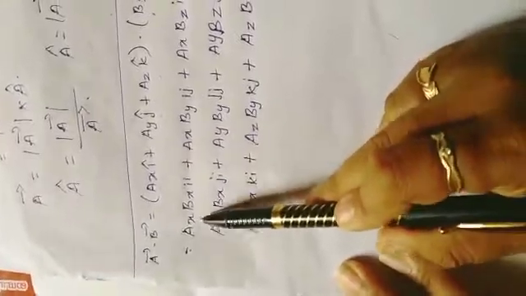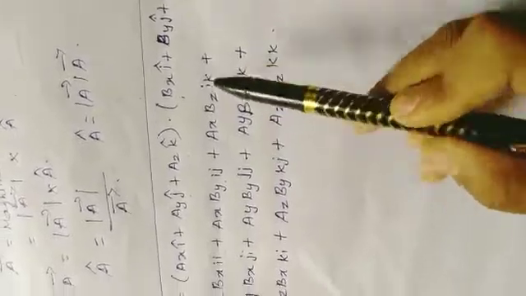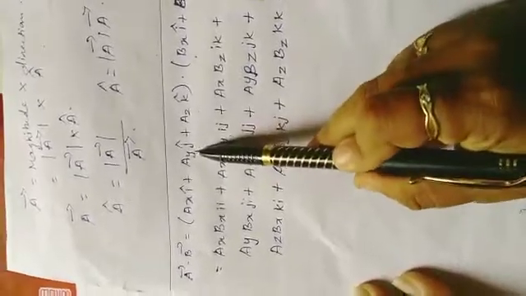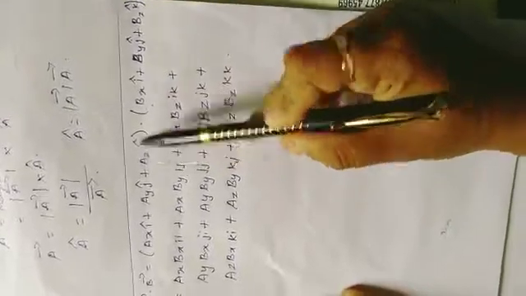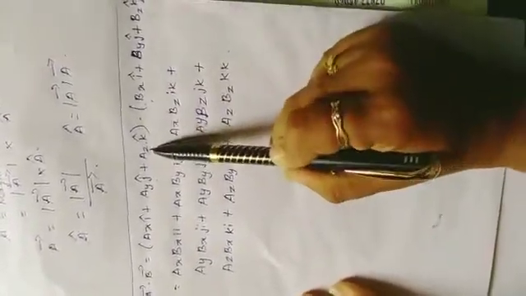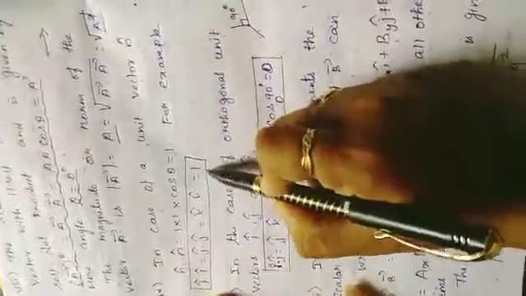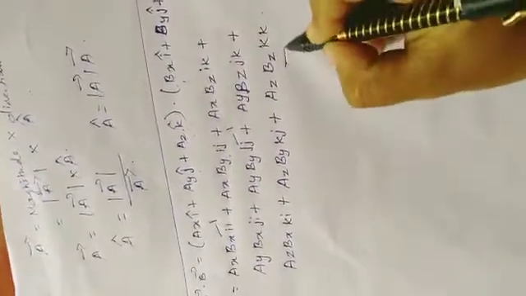So if we multiply this, we get ax bx ii plus ax by ij plus ax bz ik, and ay bx ji, ay by jj, ay bz jk, and az bx ki, az by kj, and az bz kk. Now let us see: when the components are the same, we get 1, and when the components are different, we get 0.